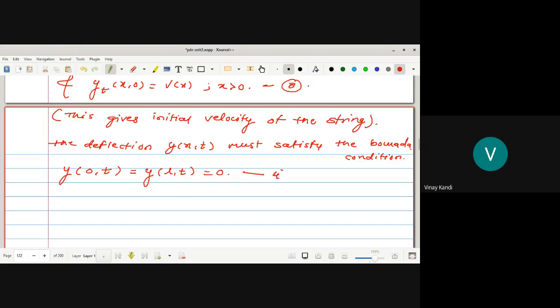Give it as equation number 4. These are the boundary conditions, and this means there is no deflection of the string at the end points.